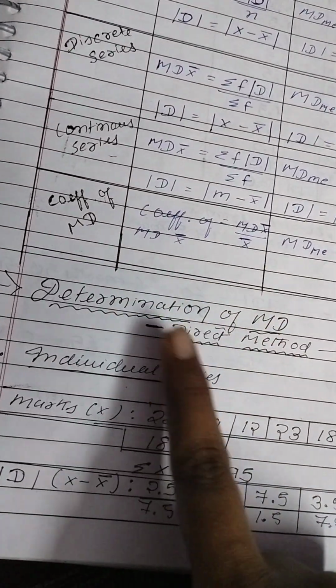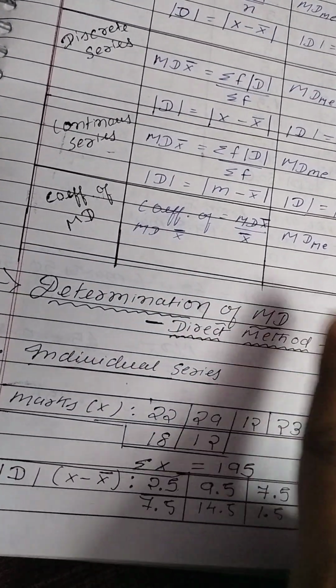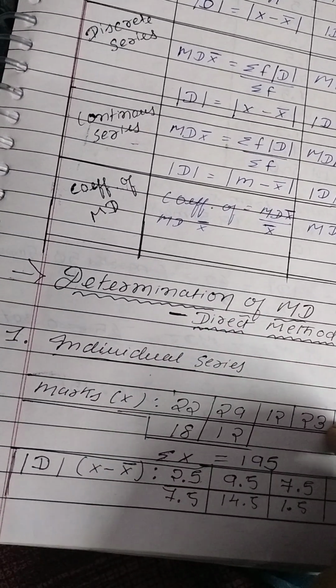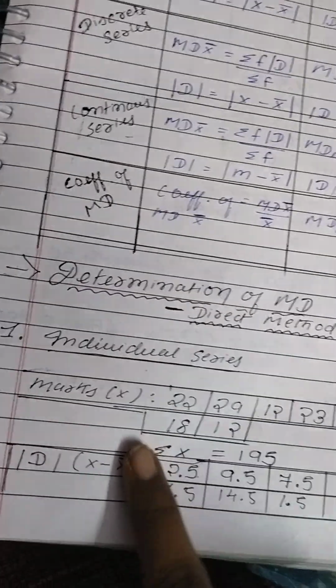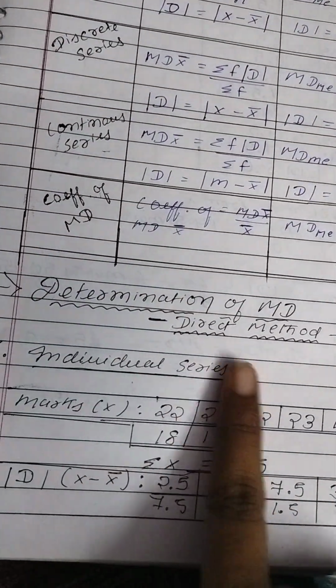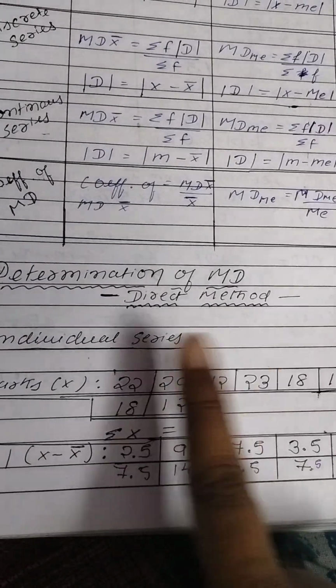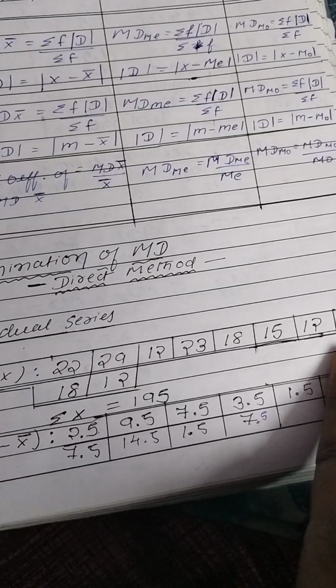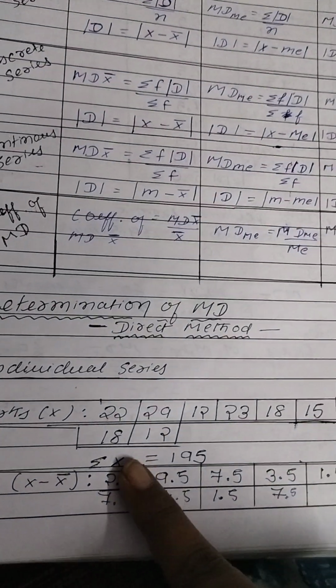Now we have the determination of MD by the direct method. In the determination we are calculating all the measures. In the individual series there are marks like 22, 29, 12, 23, 18, 15, 12, 18, 12.